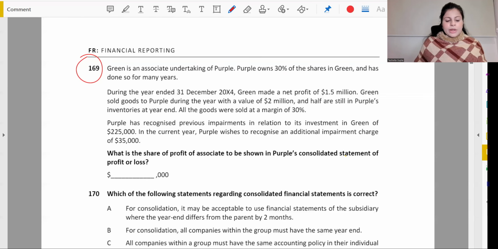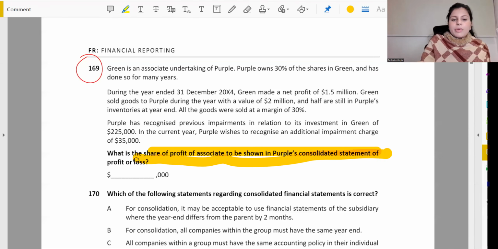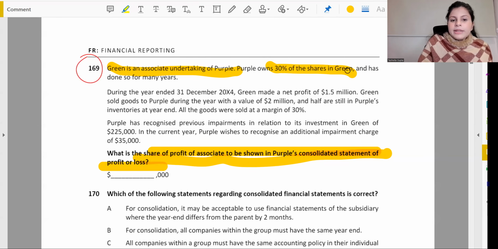Okay. Question number 169, everyone. What's given to us? What is the share of profit of associate to be shown in the consolidated statement of profit and loss? So green is an associate of purple. Purple owns 30% shares in green. During the year, green made a net profit of 1.5.